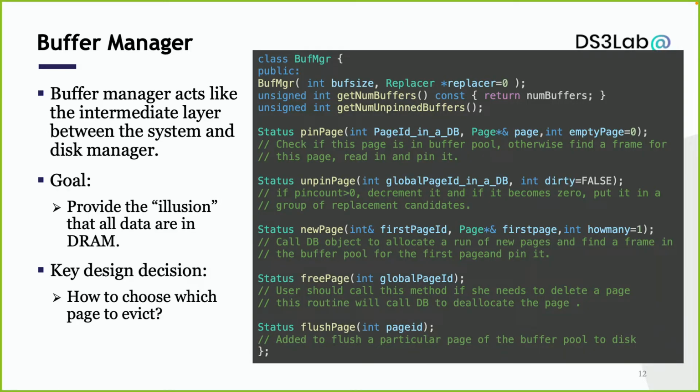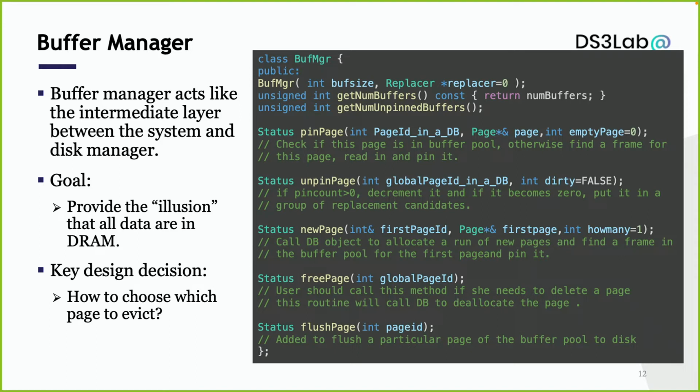More concretely, if you talk about a more precise interface that a buffer manager provides, this is a very simplistic view of what we are trying to implement. Essentially, this is one object for the buffer. To initiate the buffer, you need to say this is the size of the buffer. And the function provided to the upper layer is that you can pin a page. Whenever you pin a page, essentially what I'm saying is, I want that page in my buffer, I'm going to use that.